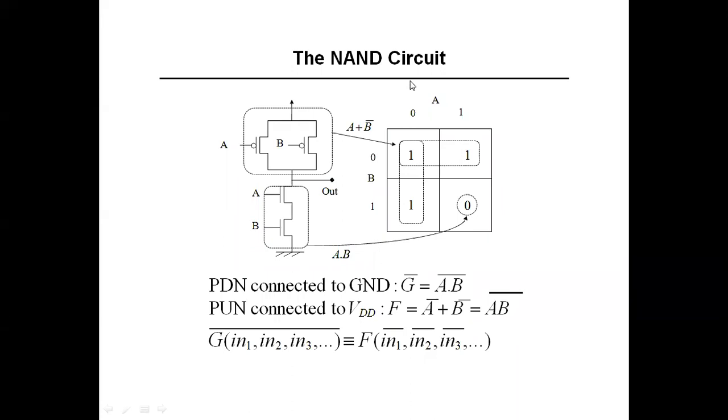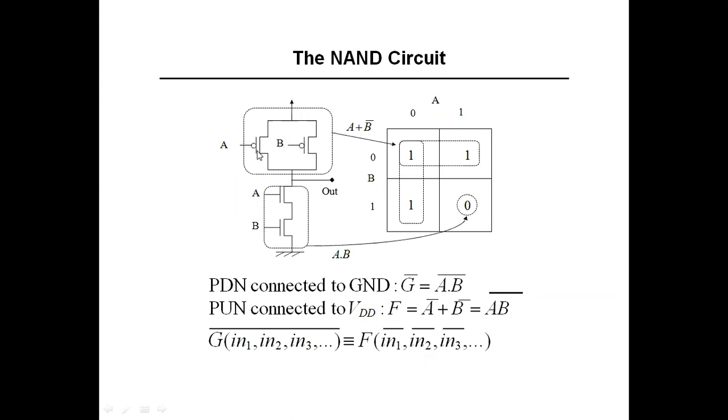Just check for the 0 0 condition. For this 0 0, what is the expected output? 1. So A is 0. First we will study the pull up network. A is 0, that means its complement will be 1, right? B is also 0, so it will be 1.